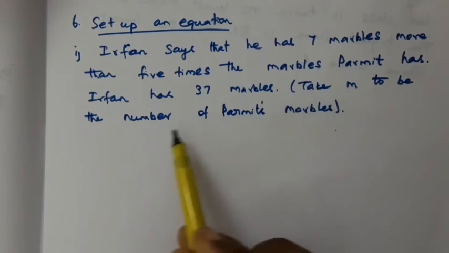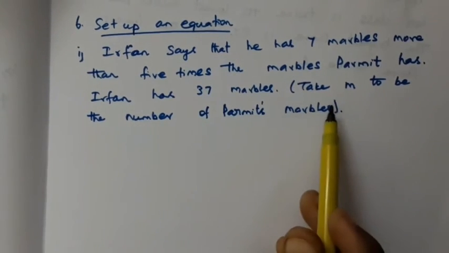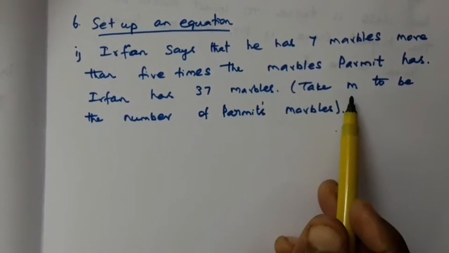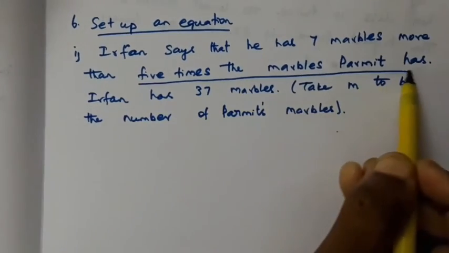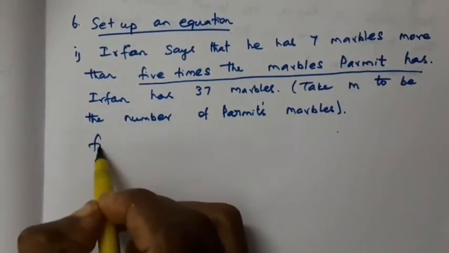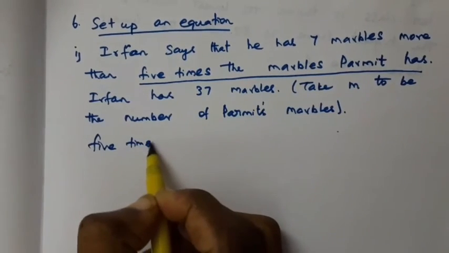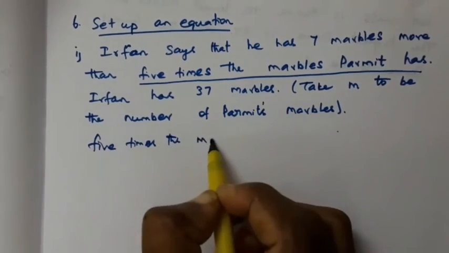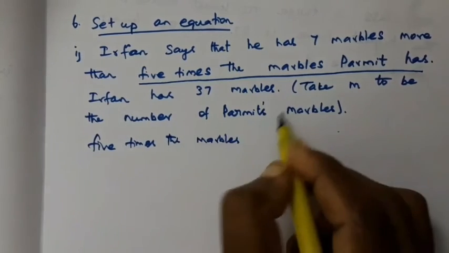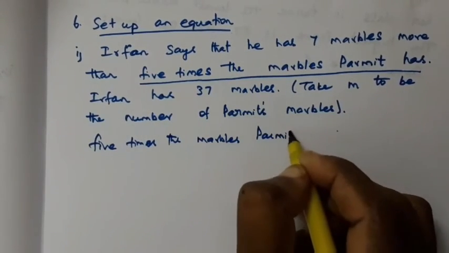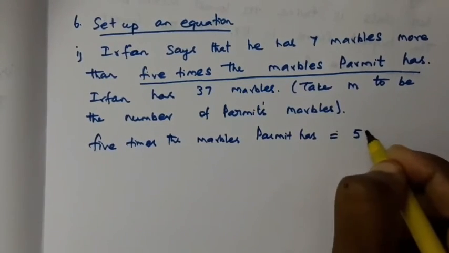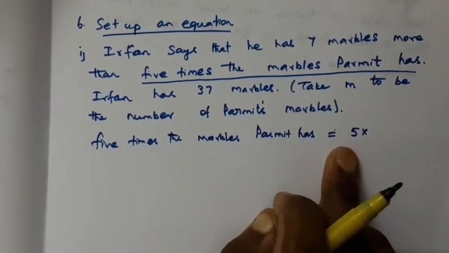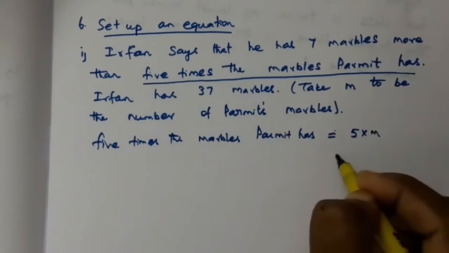So 5 times the marbles Parmit has is 5 multiplied by m marbles, so it is 5m.